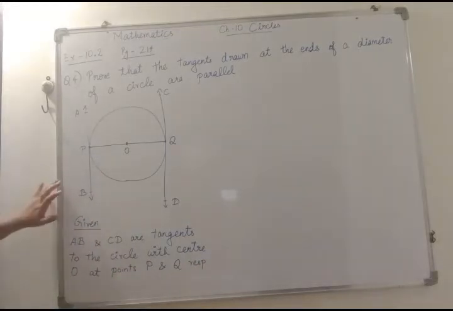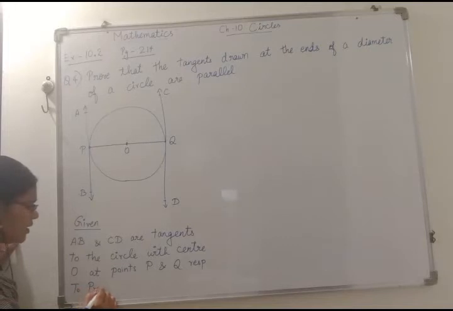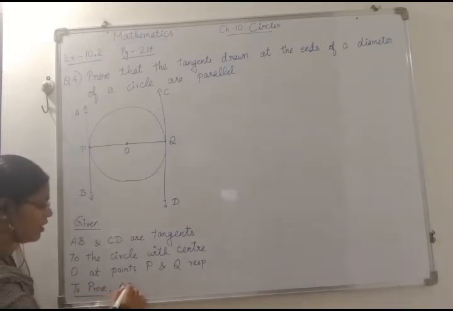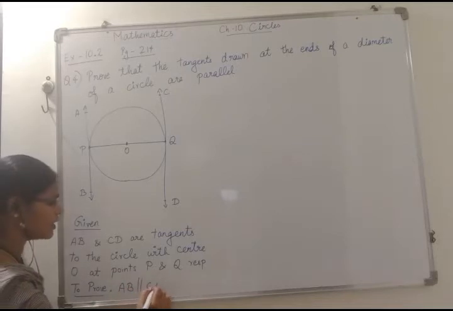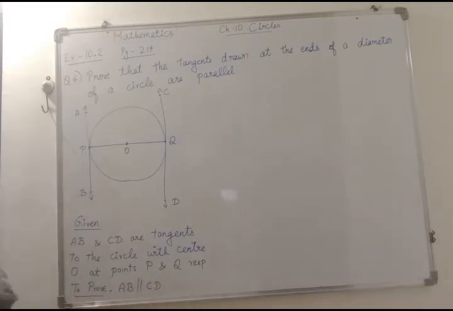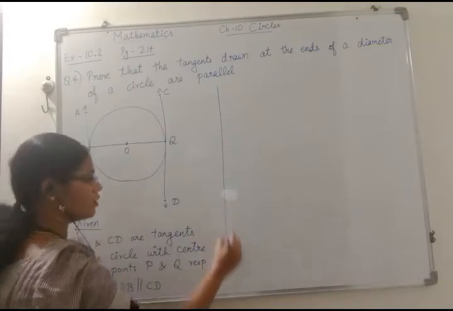What do we have to prove? That these two lines are parallel, that is, AB is parallel to CD. That is what we have to prove.